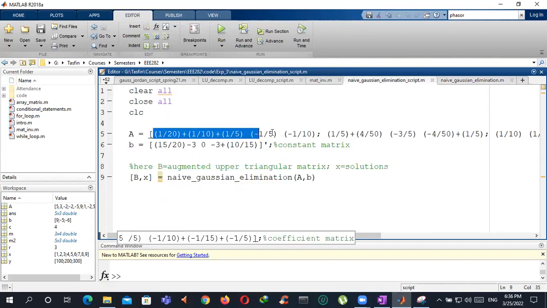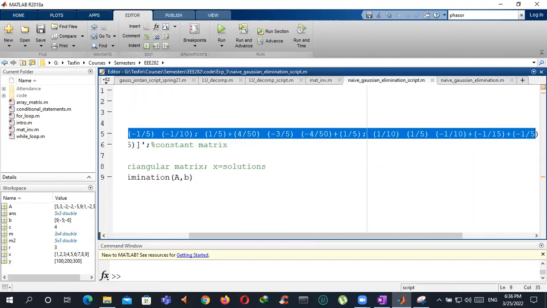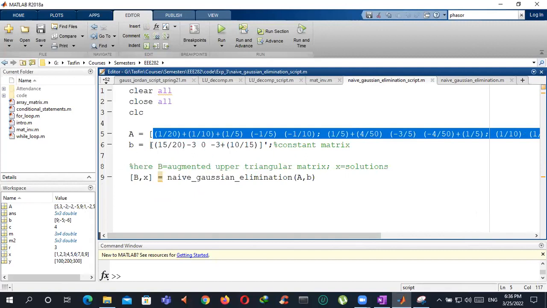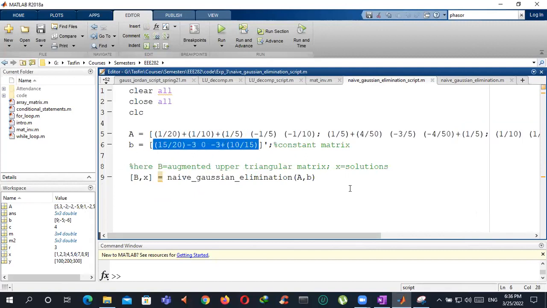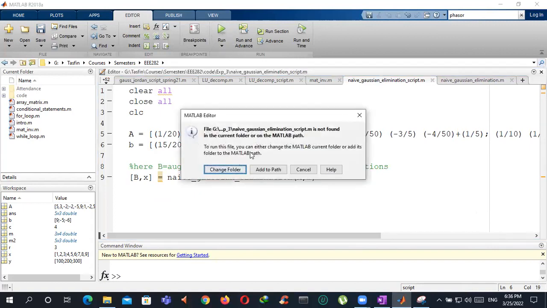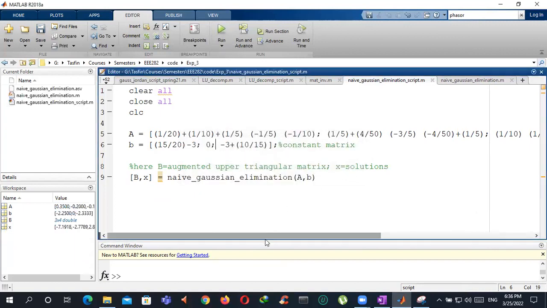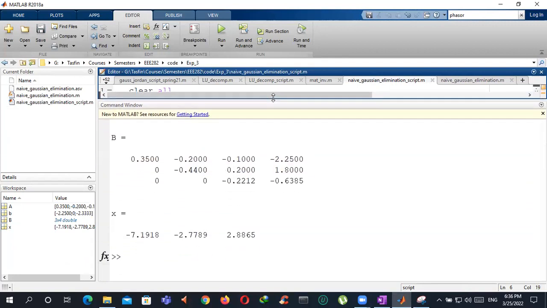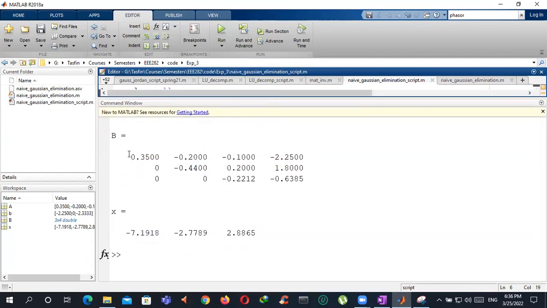So let's assume we have this coefficient matrix with us, A, and we have this constant matrix with us. Okay, let me put semicolons instead. If I run the code, then you will see the augmented matrix has been returned.